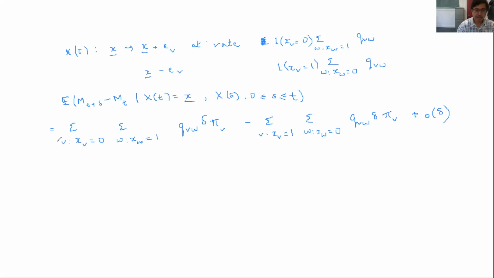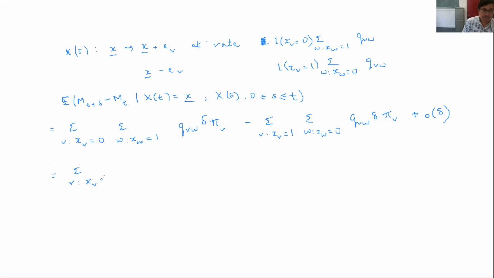So here we had a sum where xv was 0 and xw was 1, and here xv is 1 and xw is 0. So I'm going to add where both xv and xw are 1. And if I add that, I have now the sum over v such that xv is 0.